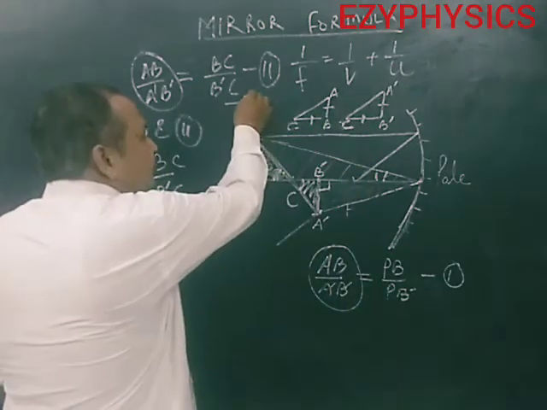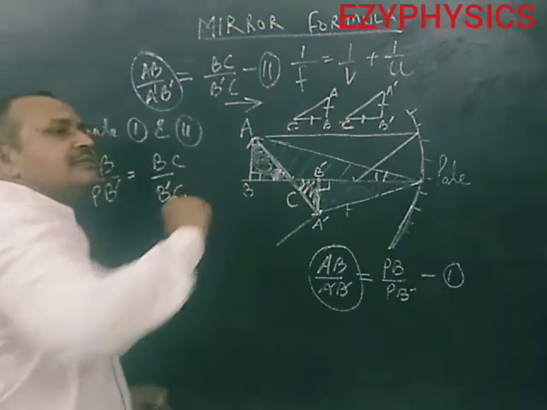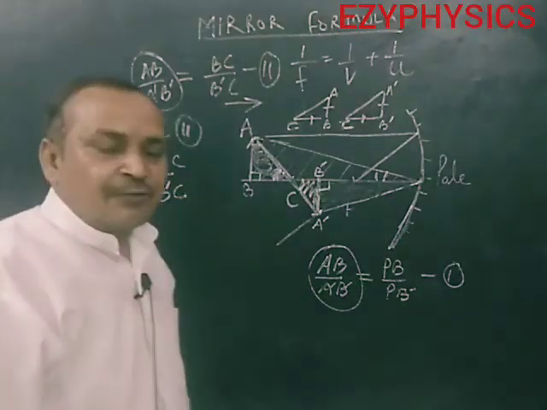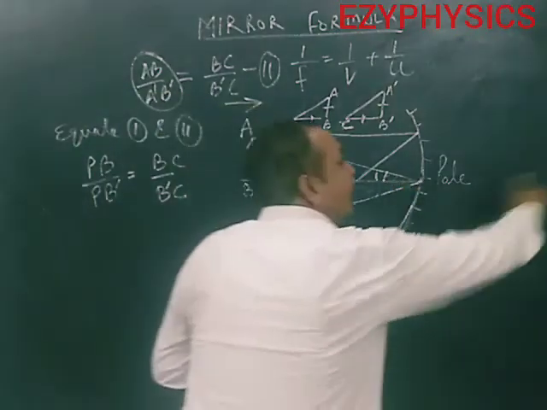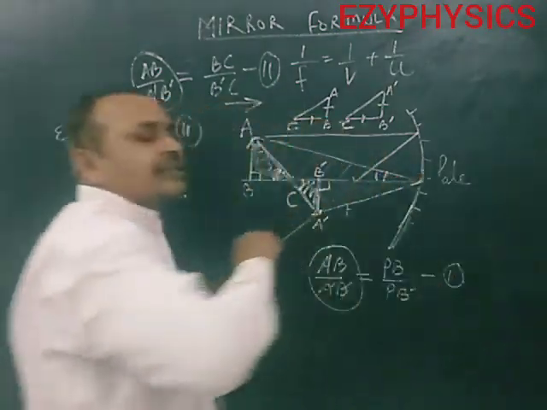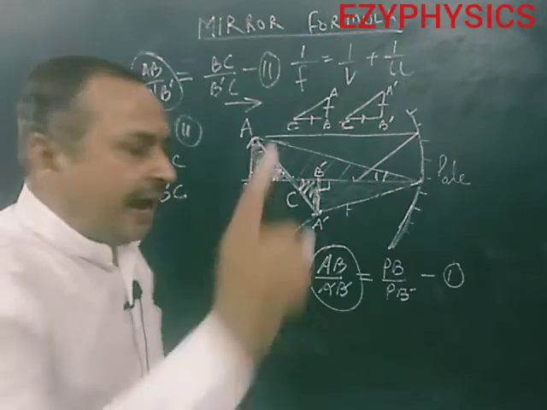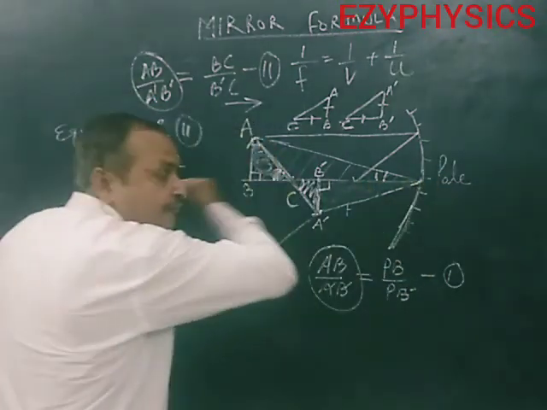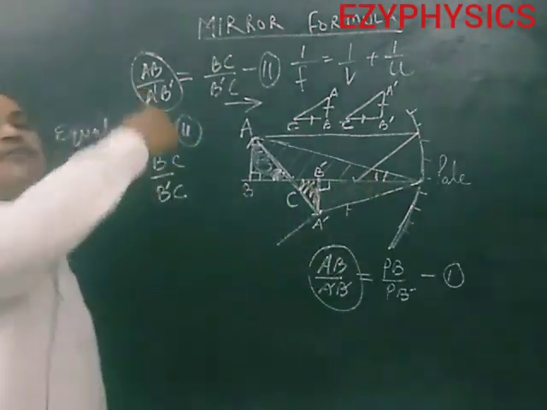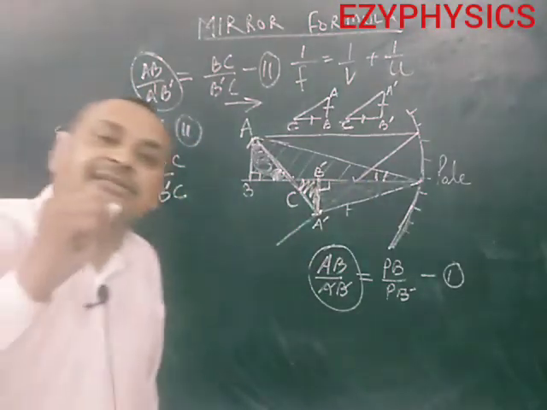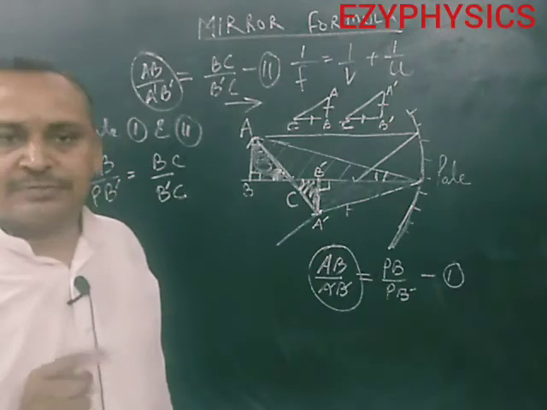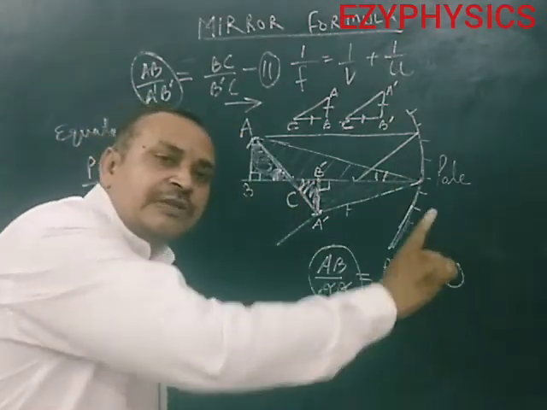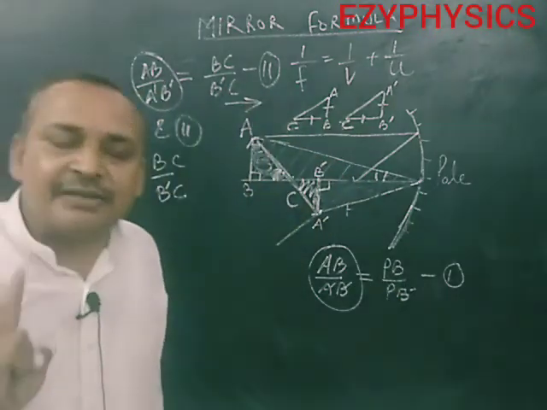That means from left to right is the direction of light. So if we measure from left to right, it is positive. And if we measure from right to left, against the direction of light, that is negative. Is it clear? In the direction of light, positive. Against the direction of light, negative.